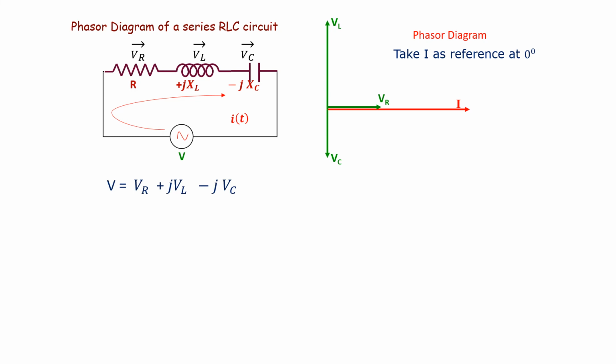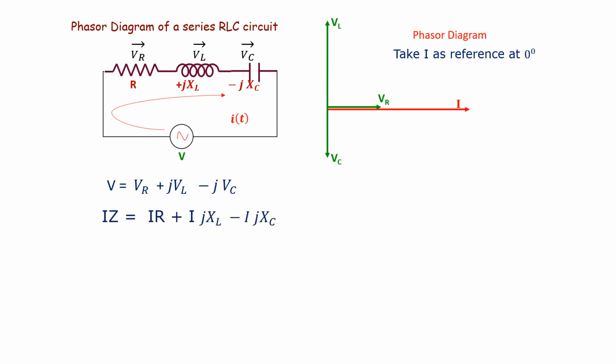Now we can show in this equation the total voltage is the sum of VR plus jVL minus jVC, because VL is vertically upwards, it is written as jVL. VC is vertically downwards, so we wrote it as minus jVC.